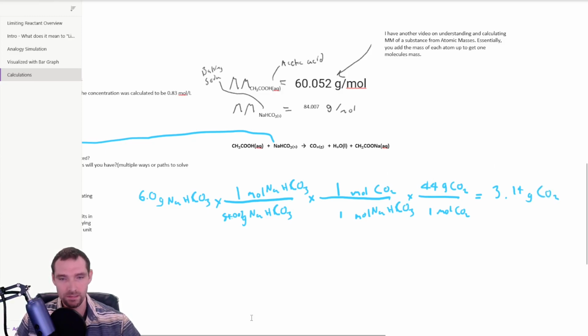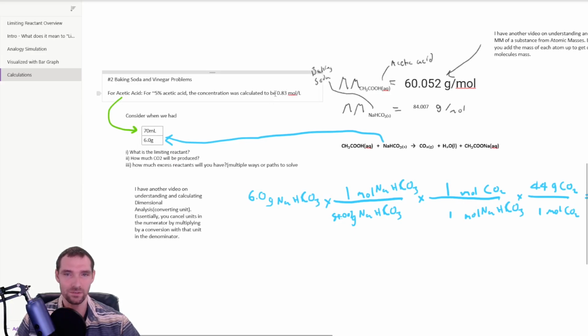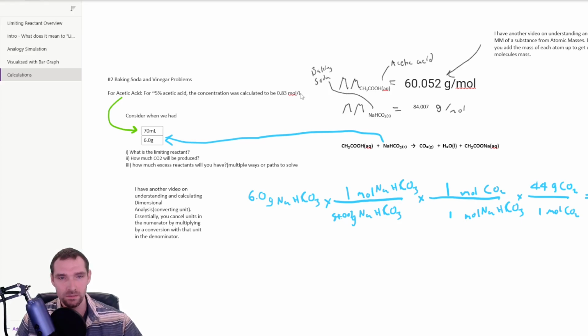And then it's a little bit more complicated for this other one because they didn't give us grams, they gave us milliliters. We do have a concentration in moles per liter, so we can use that, but we've got to get there first. Let's do a different color just to show that it's a different chemical. We've got 70 milliliters of CH3COOH. And yes, we're going to be copying that over many times.